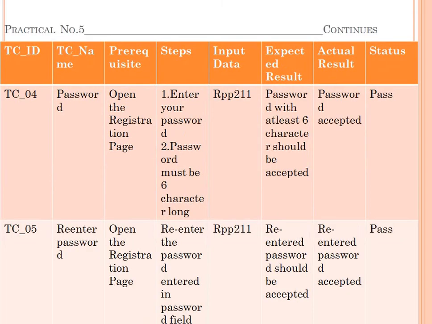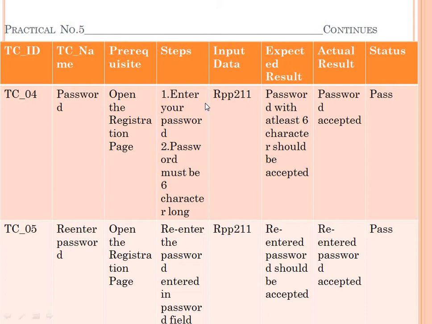Then the fourth test case is the password. The prerequisite is to open the registration page, then the step is to enter your password, which must be 6 characters long. The input data is RPP211.